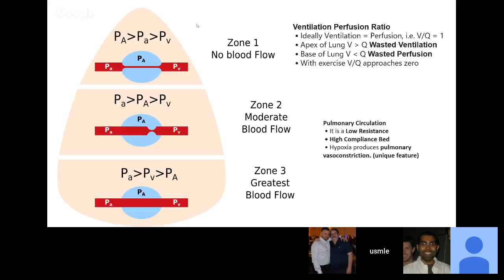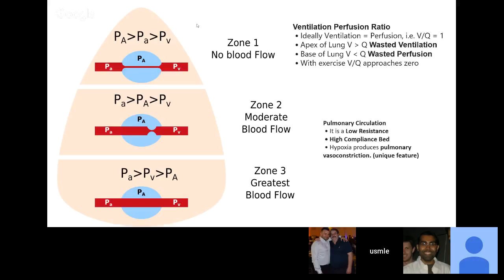So in the apex is the wasted ventilation. You have a lot of air that you don't do much with it. So the volume would be higher than the Q. In the base is the contrary. You have more perfusion than you have volume. And remember, gases usually go up, always go up. Any gas goes up. So this is why when you have a house that is burning, the first thing you're going to do is put yourself in the lower portion of the room on the floor because the gases go up.